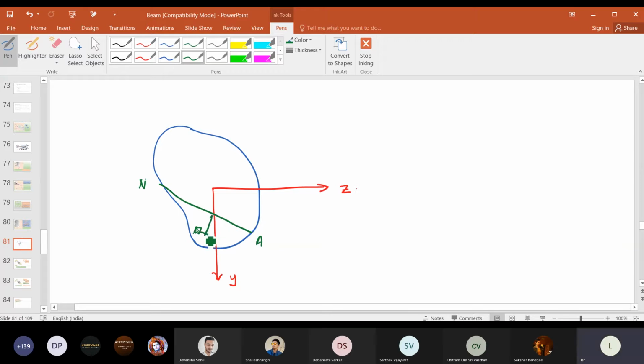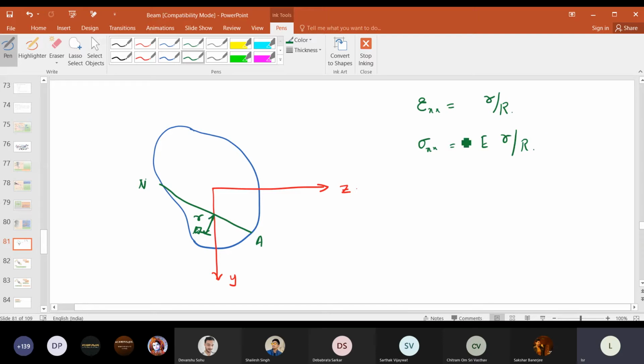From the assumptions, it is very clear that the strain at any point at a distance r from the neutral axis, that is the perpendicular distance from the neutral axis, will be given by epsilon xx equals r by R, and sigma xx is equal to E into r by R.